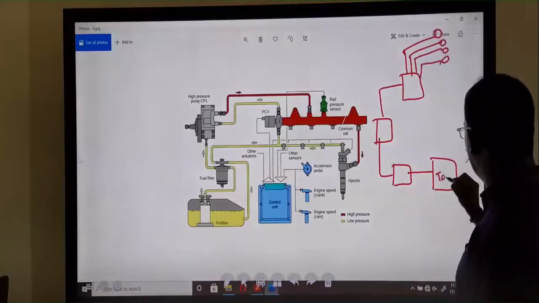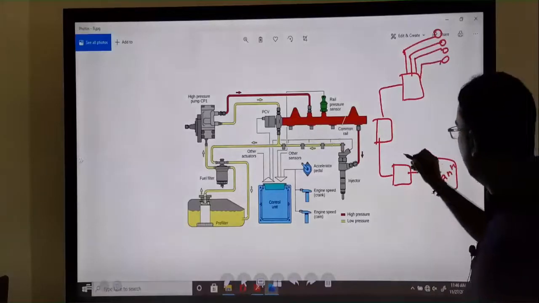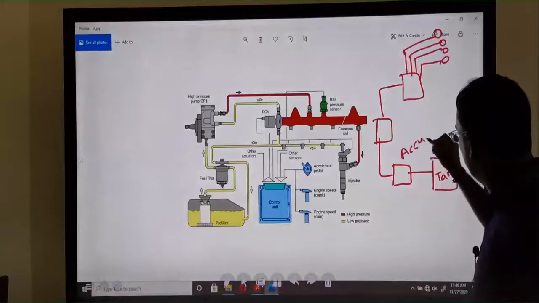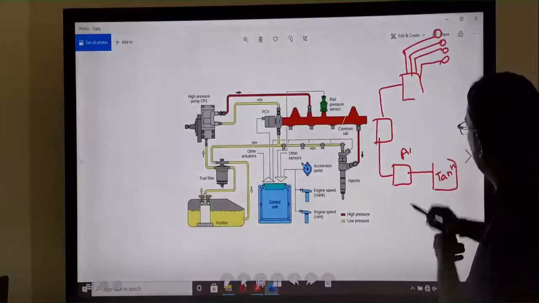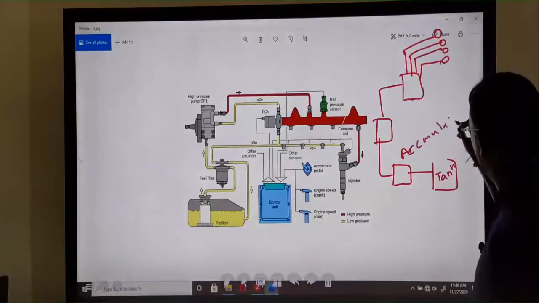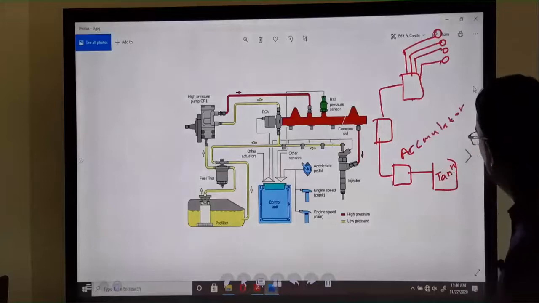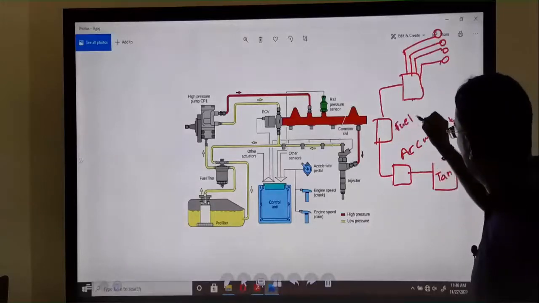This is the tank. This is called the accumulator. This is the fuel filter.